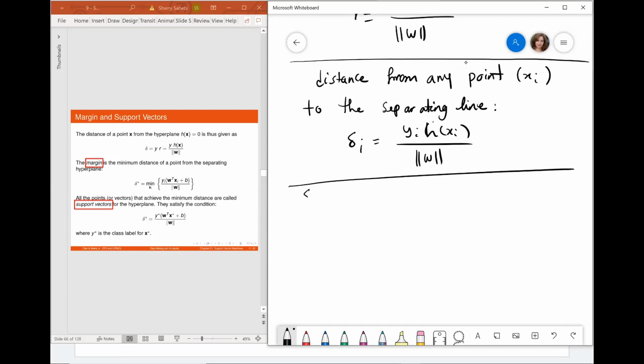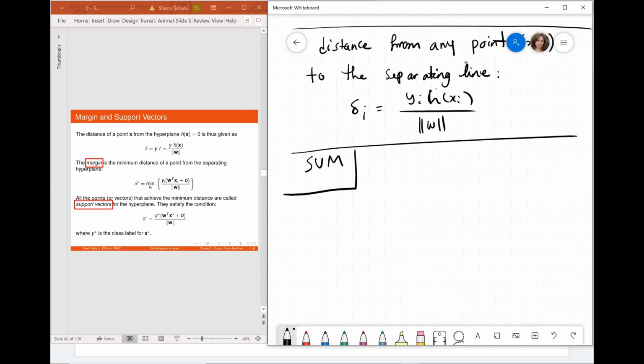Okay, now that we have this, let's go back to our SVM. We said that the goal of SVM is to maximize the margin. We have the distance of any point from the separating hyperplane. So I have my data points, and I can calculate the distance between all of them and the separating line.